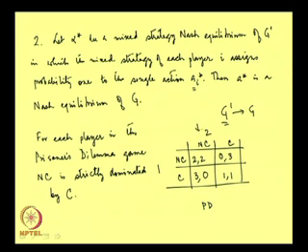If player 2 is playing NC, for player 1 C is best because NC is giving him 2, C is giving him 3. If player 2 is playing C, even then C is best because C is giving him 1 and NC is giving him 0. So C is strictly dominating NC, and for player 2 also it can be seen that C is strictly dominating NC.